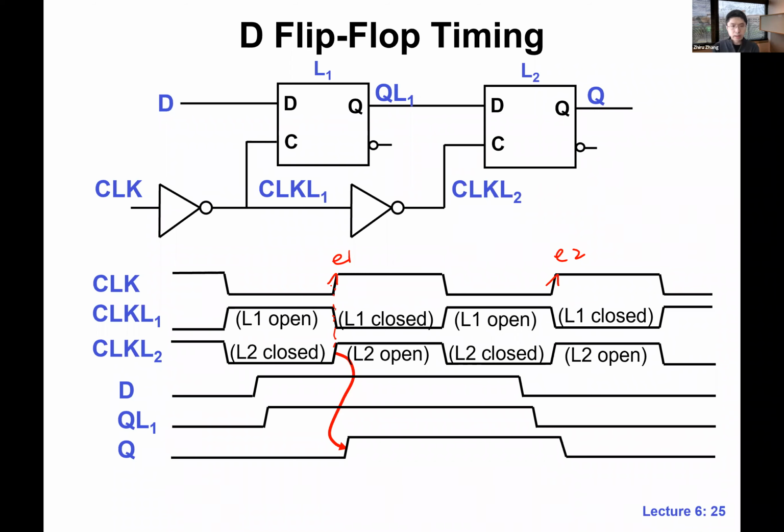This is where the second latch opens. Later on, D also drops, but Q does not drop right away. Q drops at the next rising edge, E2. So this is really an edge sensitive device.